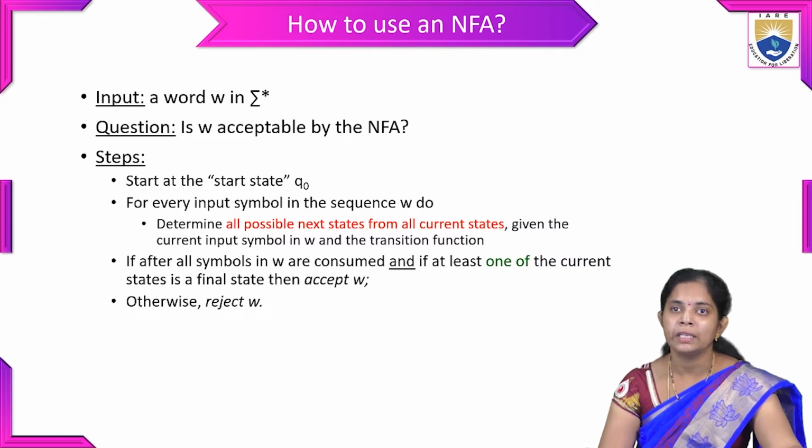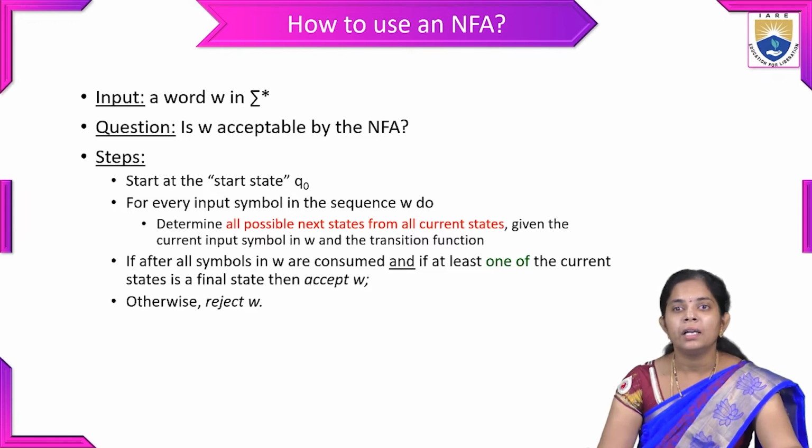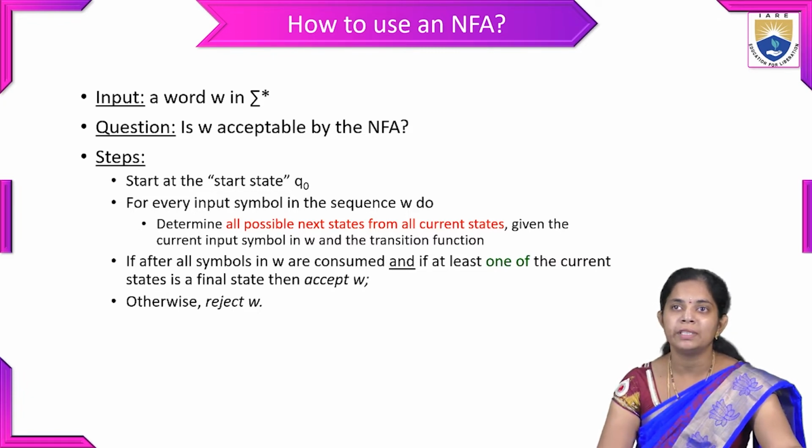The input is the word W in sigma star, where sigma star is the set of all strings possible over the alphabet sigma. And the question is: is W acceptable by the NFA? We have to check with the steps.